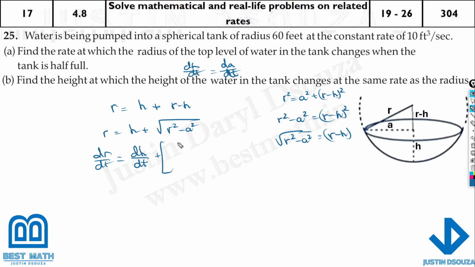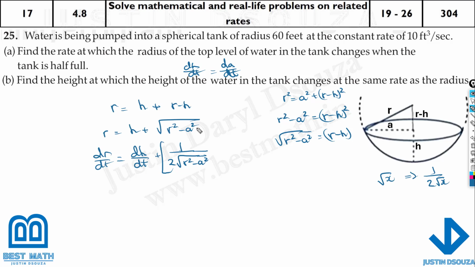So this is going to be 1 by 2, because it's power half. When we differentiate, it will be 1 by 2 times this to the negative half. I'll just use the identity: derivative of root x is 1 by 2 root x. I hope you remember this. It'll be r squared minus a squared here.